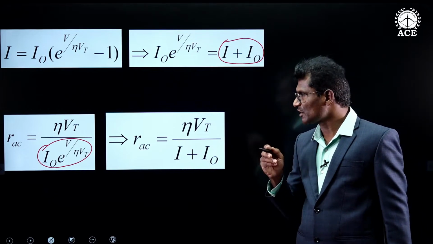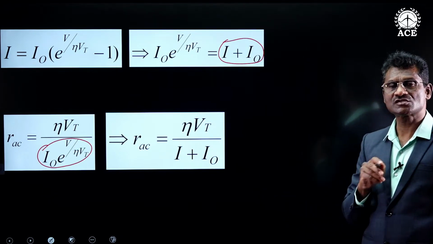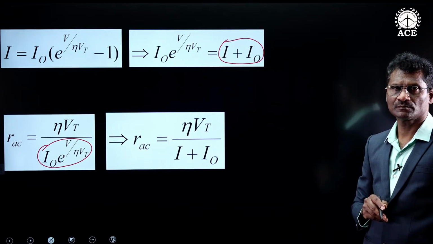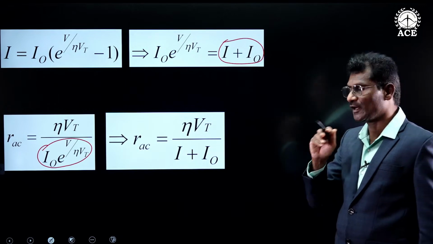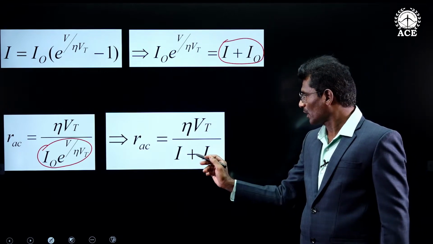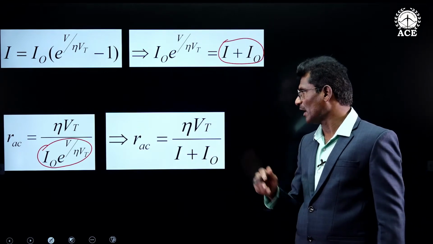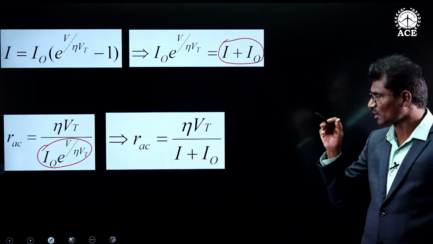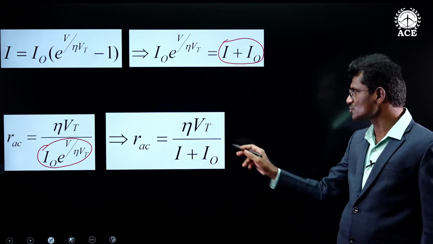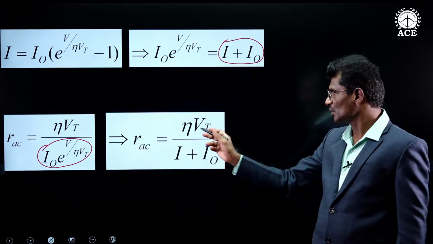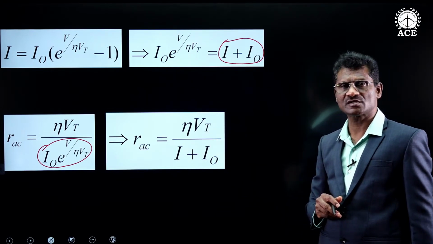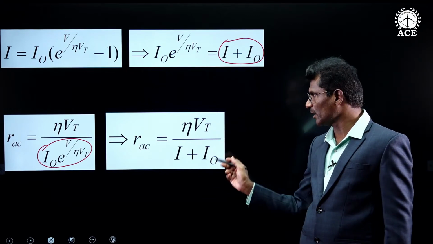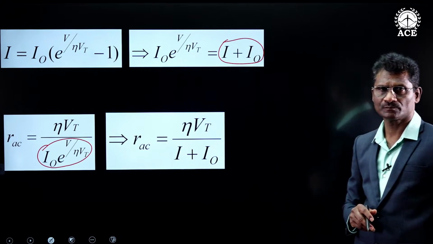See, which equation is to be used while solving numericals depends on the data supplied. Suppose in a diode, current through the diode and I naught is given. You are asked to find out dynamic resistance, then use this equation, because eta depends on germanium or silicon diode, Vt depends on temperature, and I and I naught are already supplied.